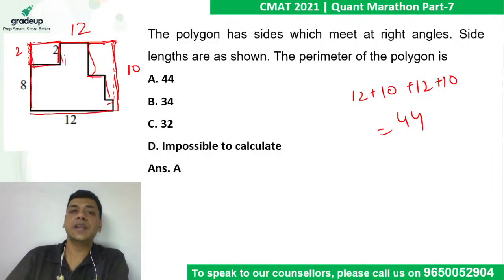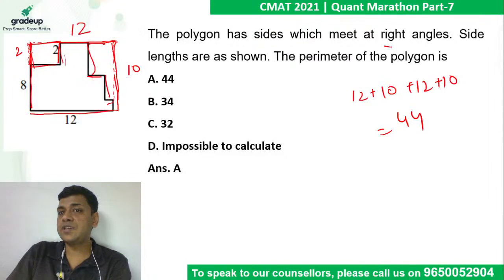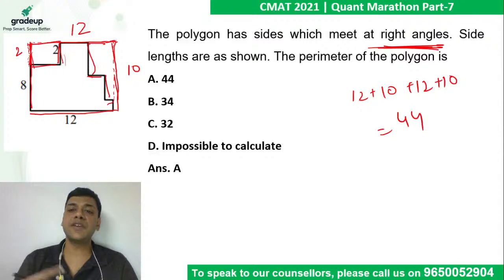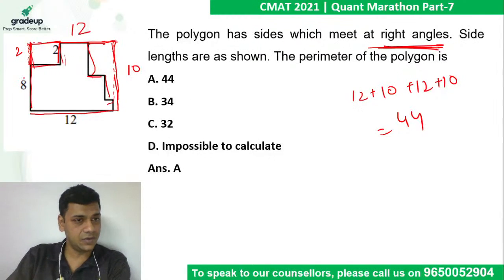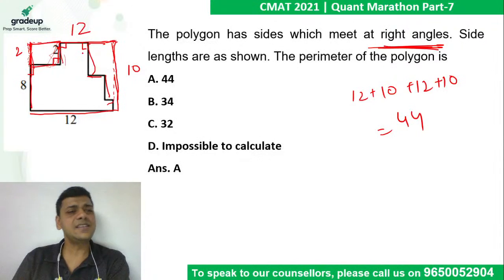The thing which was given to us was that all these were right angles. Had this statement not been given to us, we might not have been able to solve it. But since all these angles are right angles, it's simply a rectangle of 10 by 12.